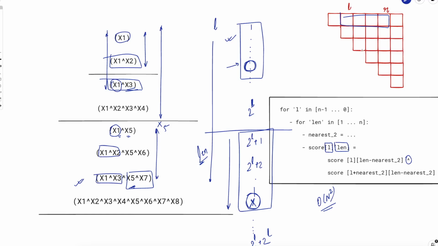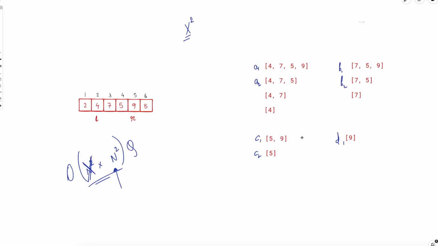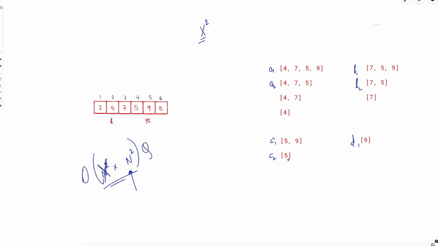So for every subarray, you have the Xor score. If I just go back to the previous one, we can easily figure out this A1, A2, A3, A4, B1, B2, B3, and C and D in just order 1 operation. So overall, we had 4 n's here.